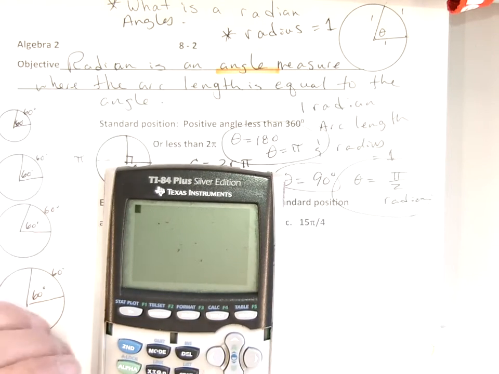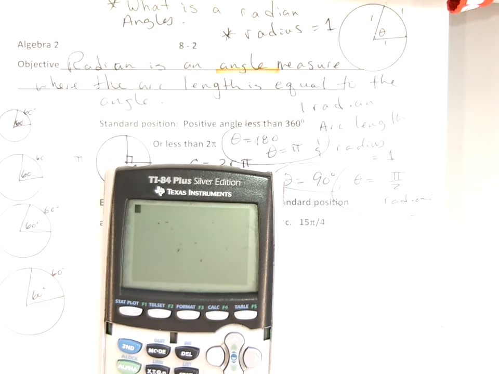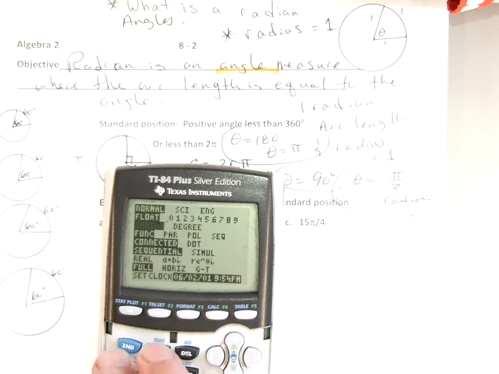If I do, what's my mode? My mode's in degrees, okay? Good. If I did cosine of 180 degrees, I get an answer of -1. Mode, radians.